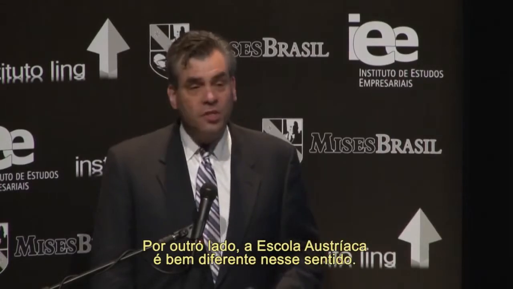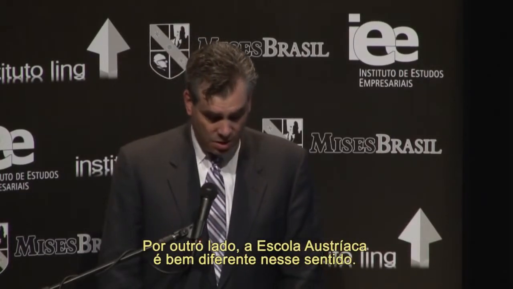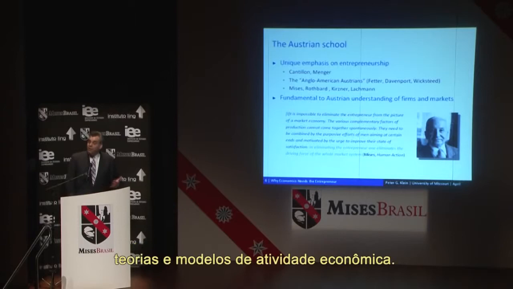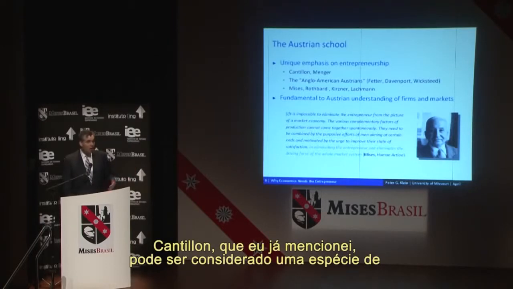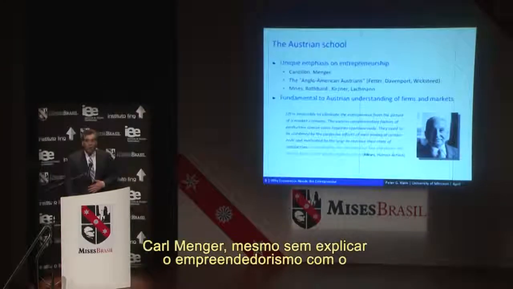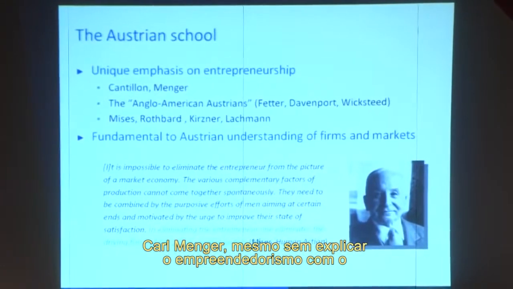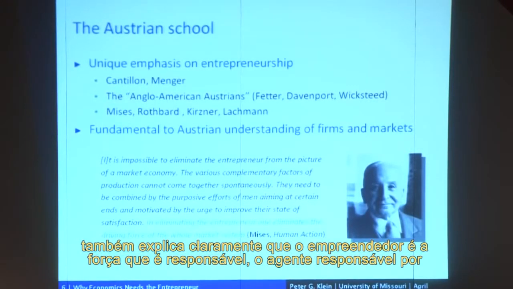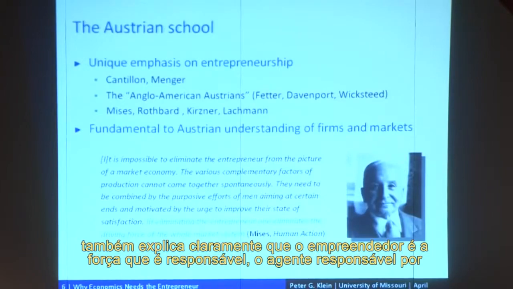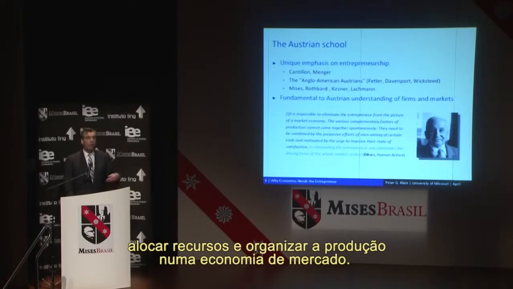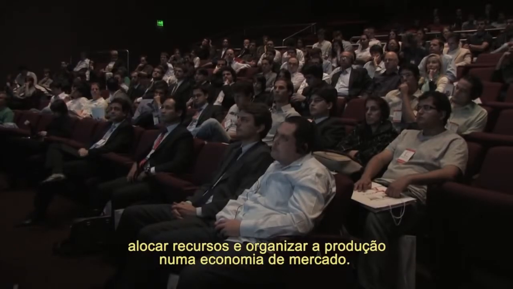Now, the Austrian school, of course, is quite different in this regard. The Austrians have always given central importance to the entrepreneur in their theories, in their models of economic activity. Cantillon, I already mentioned, could be considered a sort of proto-Austrian or pre-Austrian thinker. Carl Menger, while not explaining entrepreneurship in as much detail as some later Austrians would do, nonetheless explains very clearly that the entrepreneur is the agent responsible for allocating resources, for organizing production in a market economy.